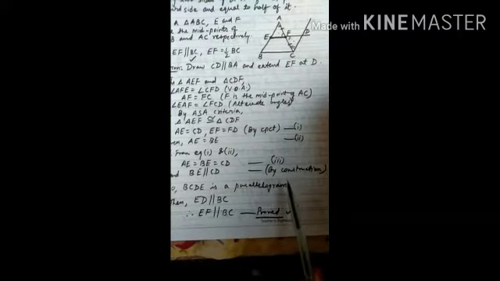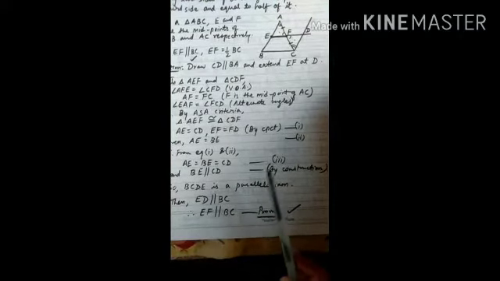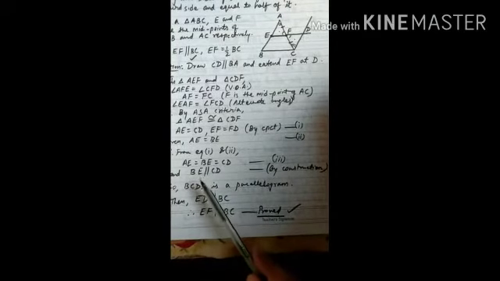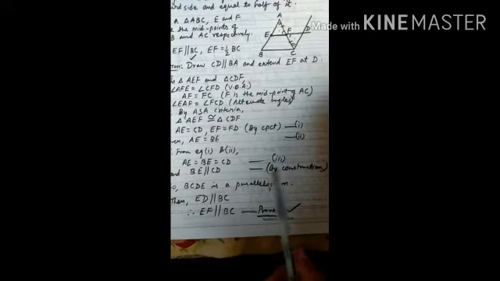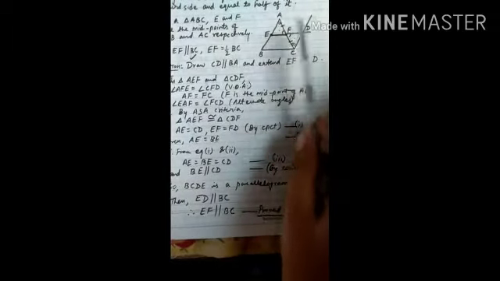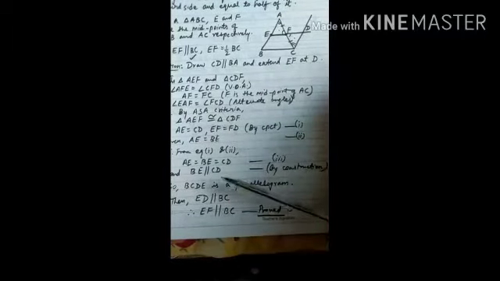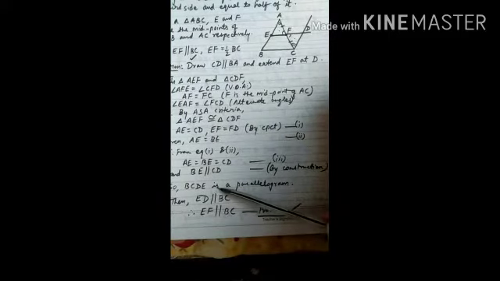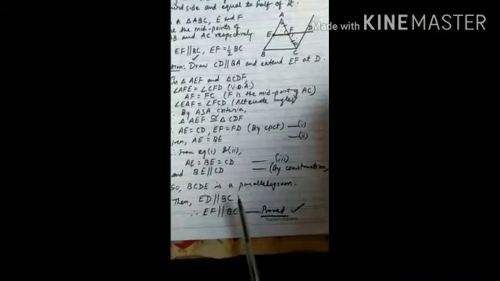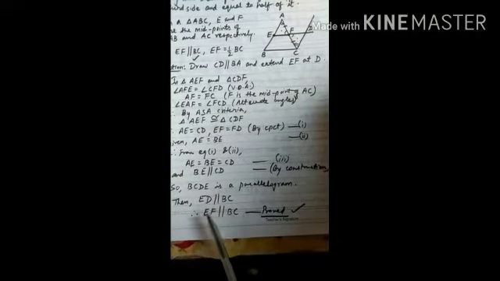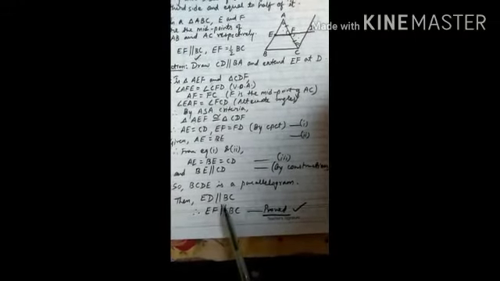In a four-sided figure, if one pair of opposite sides is equal and parallel, the figure is a parallelogram. So in figure BCDE, BE is parallel and equal to CD, therefore BCDE is a parallelogram. So the other pair of opposite sides is also parallel, therefore ED is parallel to BC.